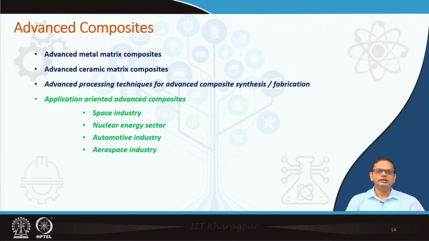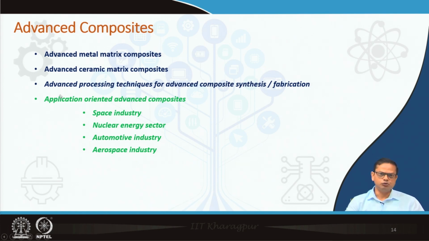Okay. So, with that I would like to end today's class, and in the next class, as you can see in this particular slide, what I am planning is to discuss the last section, which is basically application oriented advanced composites. So, the first three topics we have discussed, some topics in details, some topics briefly, but I think you have got a good idea of these three topics.